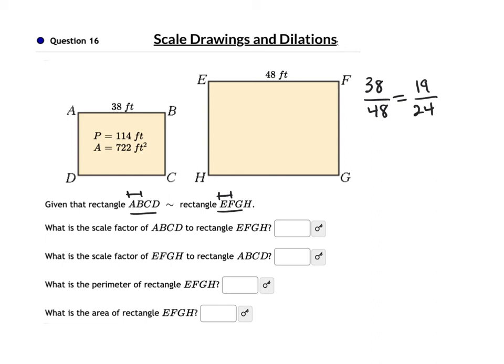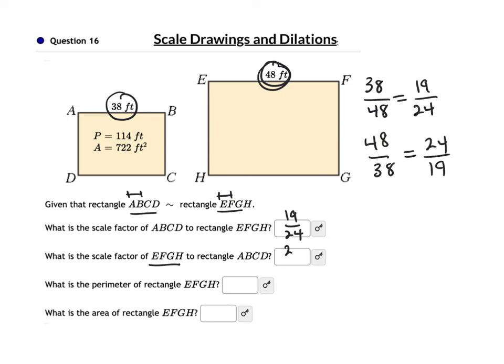The scale factor for the second one, because we're going to put EFGH as the first one, that's 48 to 38, which is 24 over 19. We're just going to flip that, 24 over 19. Write these as reduced fractions.